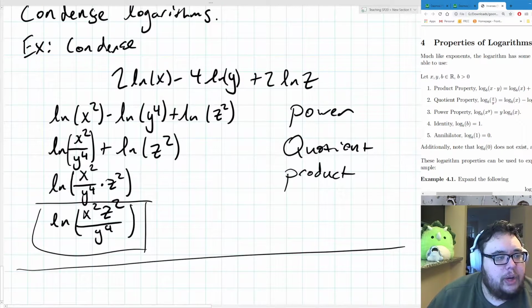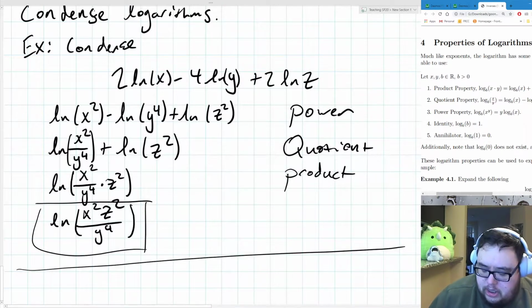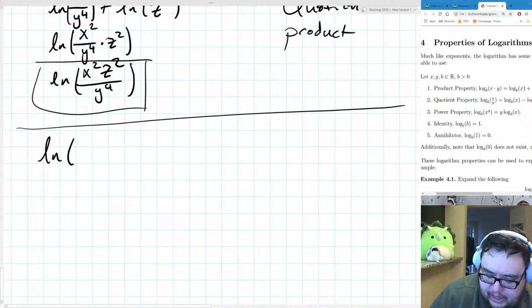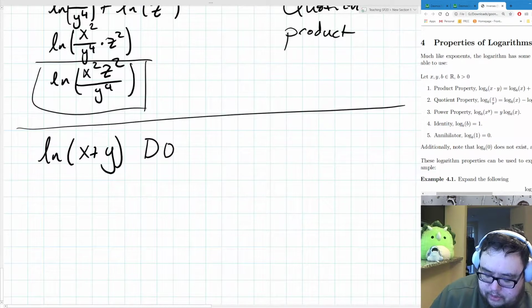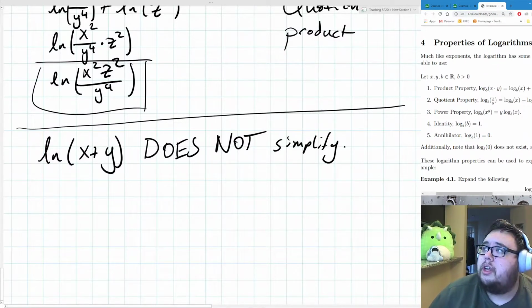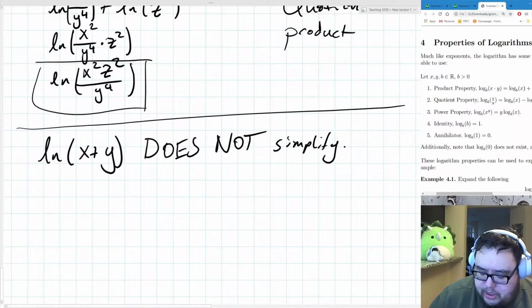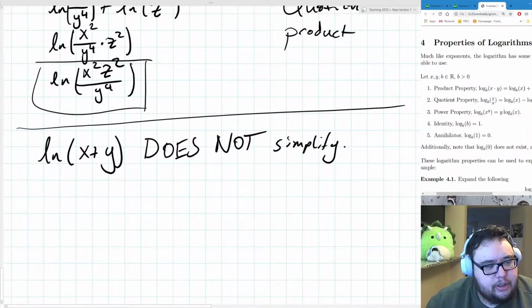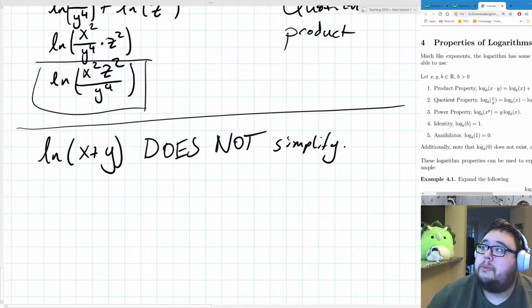One more quick caveat: ln of x plus y does not simplify. When I first started doing logarithms, I wanted this to turn into ln of x times ln of y, but that's the opposite direction. Multiplication on the inside turns into addition on the outside.